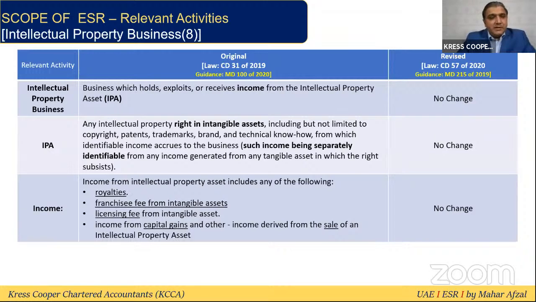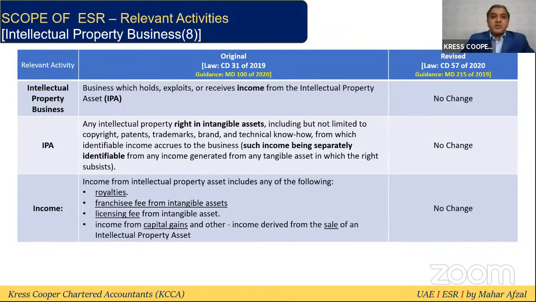Regarding intellectual property, there are no changes in the definition of intellectual property asset. They said, what is intellectual property asset income? They said, intellectual property business. What is intellectual property business? A business which holds, exploits, or receives income from the intellectual property asset. This is called intellectual property business. It means if the company is earning income from the intellectual property, then we can say the company is involved in the intellectual property business.